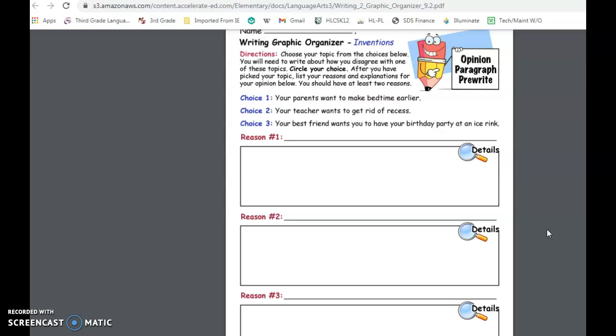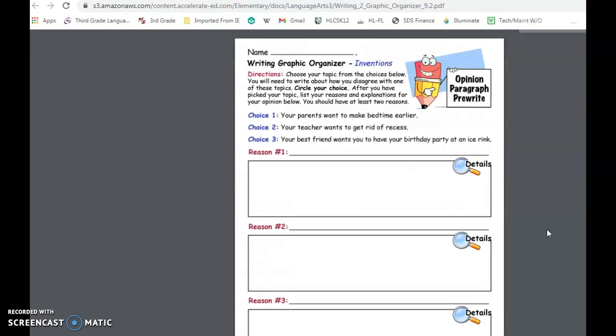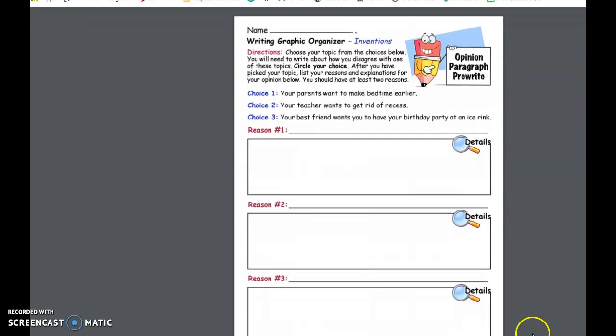So the one that I might pick, I'm just going to pick choice 3. And so we're going to go through the process of what you would do. All right, so I'm going to start off with circling my choice.